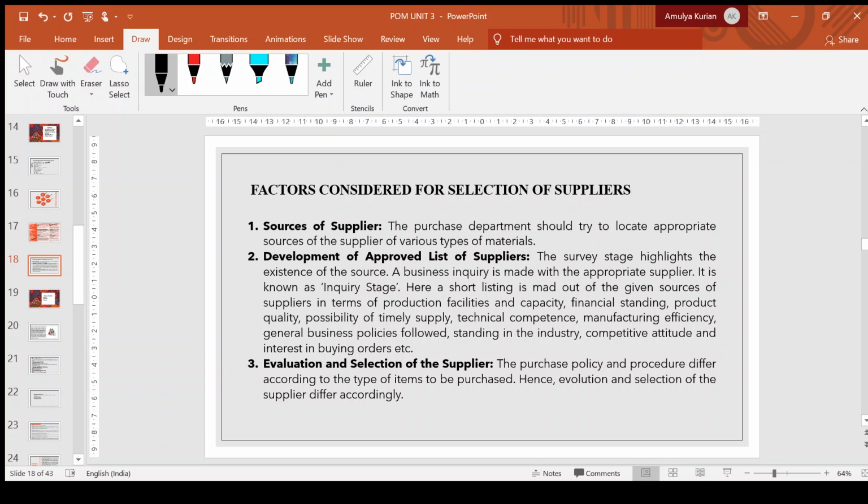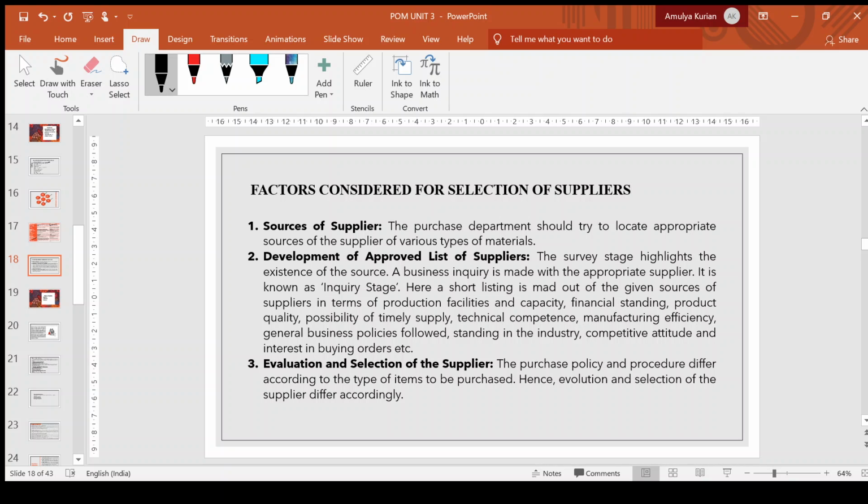The second one is development of an approved list of suppliers. You have to shortlist from the number of suppliers you have, and select the best ones. So it is always better to have a list of suppliers who can supply you the raw materials or whatever is required, say machineries, tools, equipment, stores, office stationery, all those operational things, on a continuous basis.